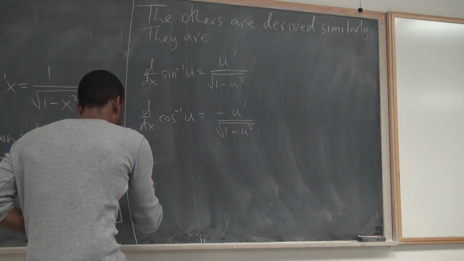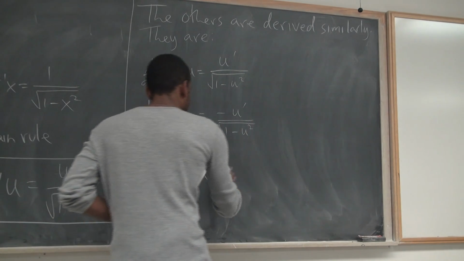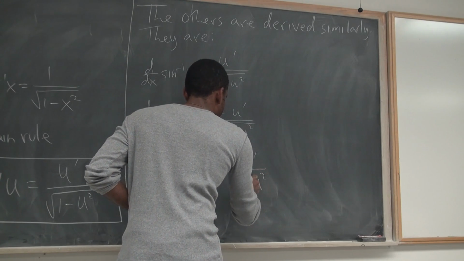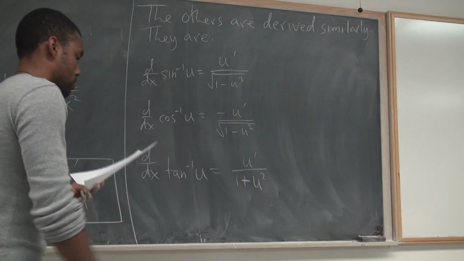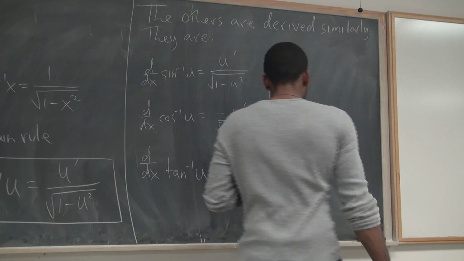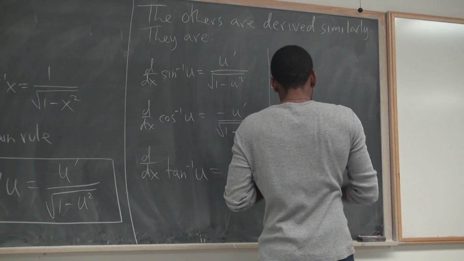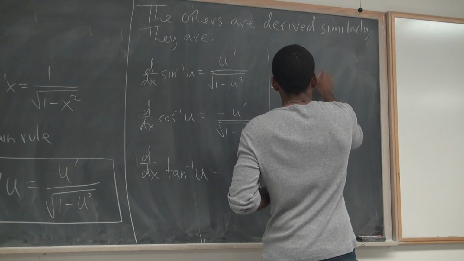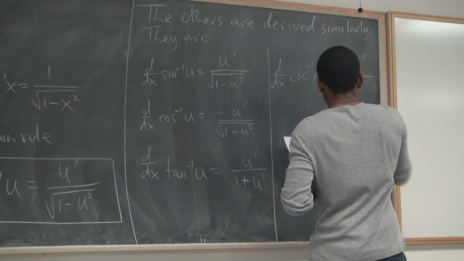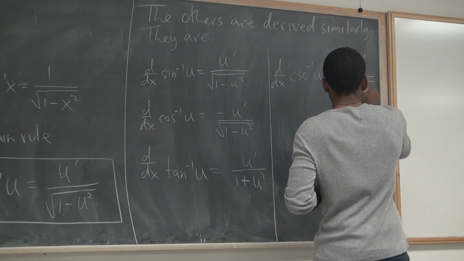The derivative of the tangent inverse of u is just u prime over 1 plus u squared. That guy's important. We'll talk about that a lot coming soon. The derivative of cosecant inverse of u is minus u prime over the absolute value of u times the radical of u squared minus 1.